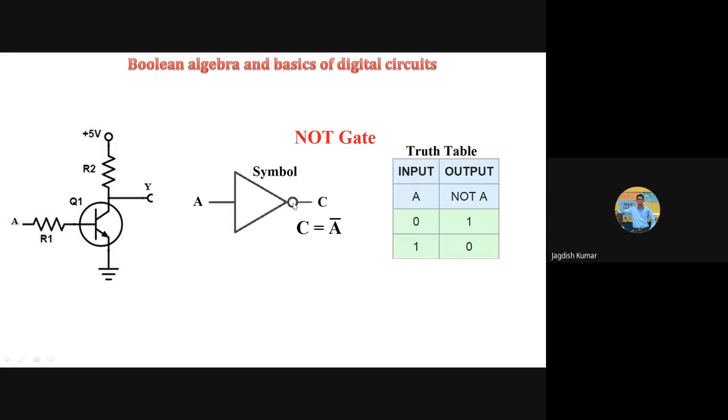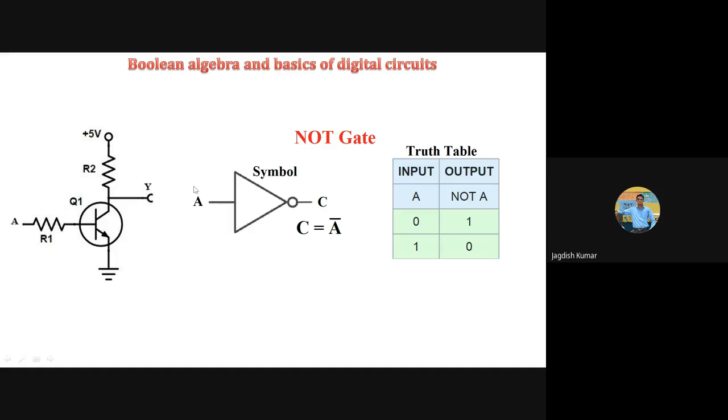For example, in many digital circuits you would notice a circle appearing. That would mean a NOT gate, meaning the input is being inverted, so low is changed to high, and high is changed to low. But as a part of academic discussion, you should remember the symbol for a NOT gate.